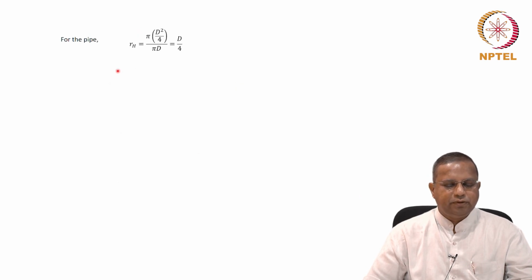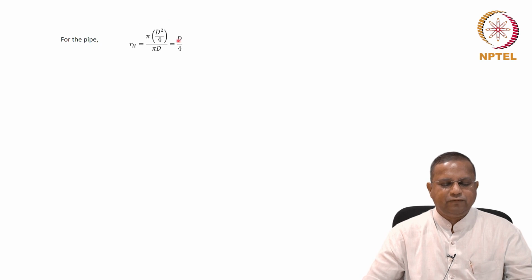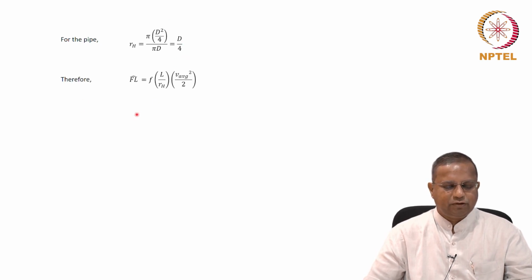And for the pipe, the hydraulic radius is cross-sectional area pi d squared by 4, divided by wetted perimeter pi d. So you simplify this, you're going to get d by 4. And therefore, if we write FL hat as F L by R H, V average squared by 2, that's what the earlier formulation said, then this equation can be used for any geometry.